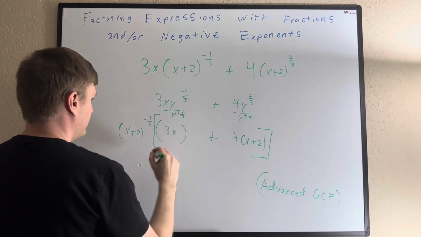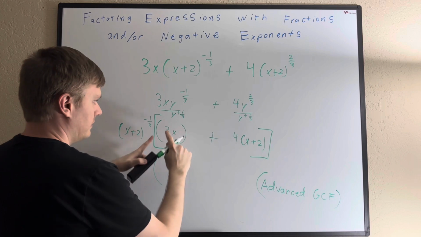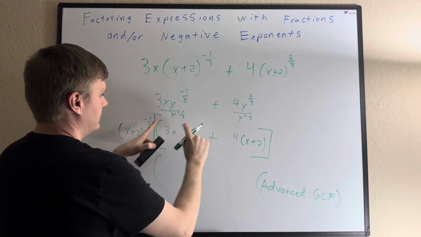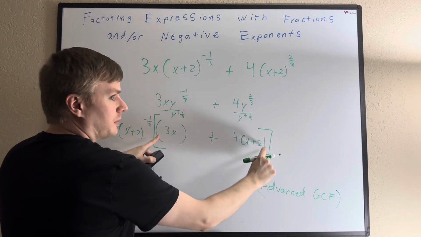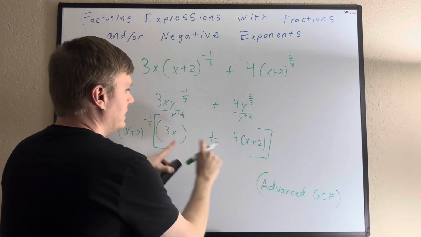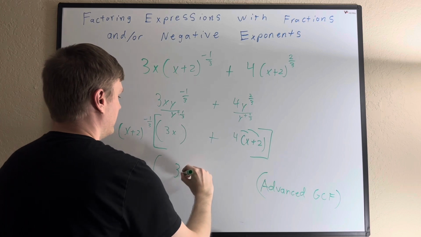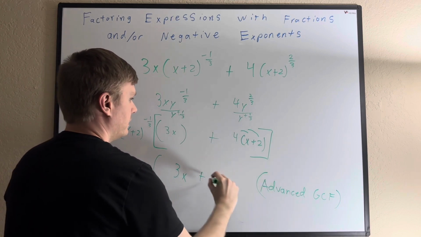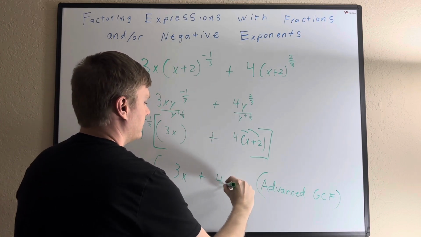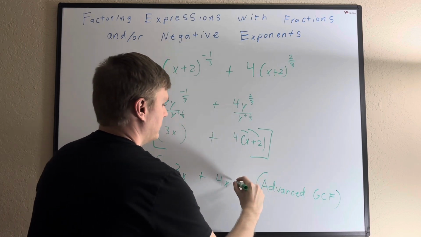I use brackets because it doesn't make sense to have parentheses right next to other parentheses. If I get rid of these parentheses and distribute that 4 there, we have this 3x still, and we have 4 times x, and the 4 times 2.